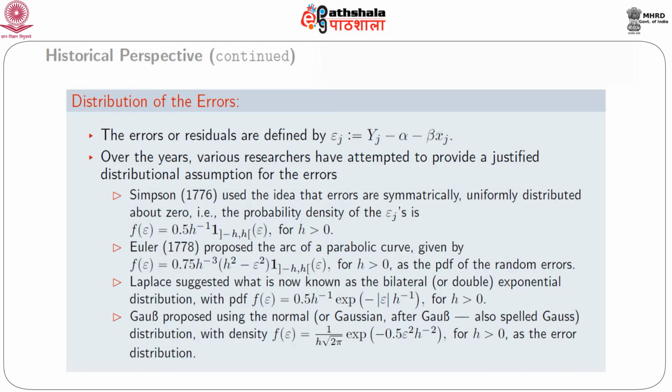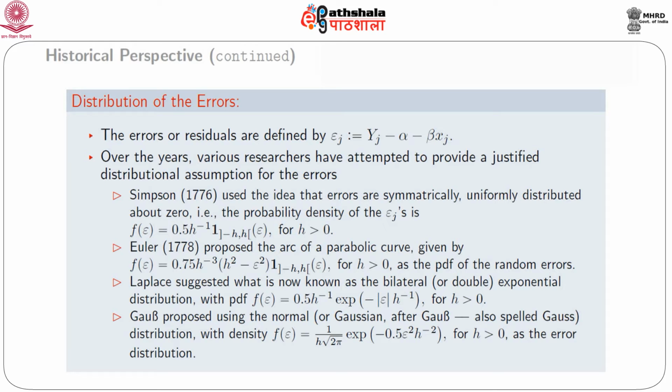Euler in 1778 proposed the arc of a parabolic curve given by f(epsilon) equals 0.75 times 1 by h cube times (h square minus epsilon square), where epsilon lies between minus h and plus h for h greater than 0, as the PDF of the random errors.